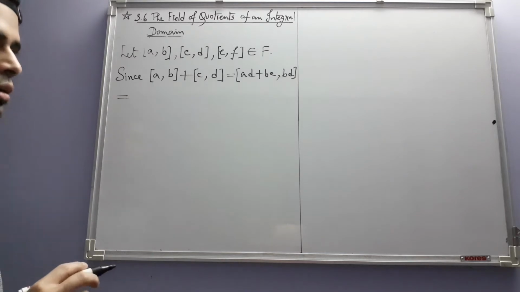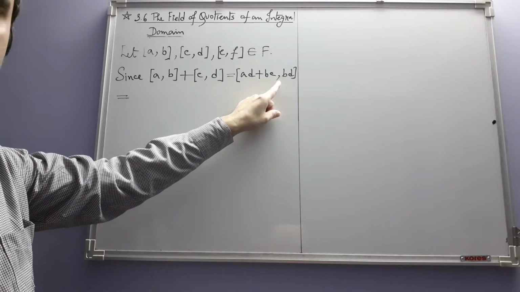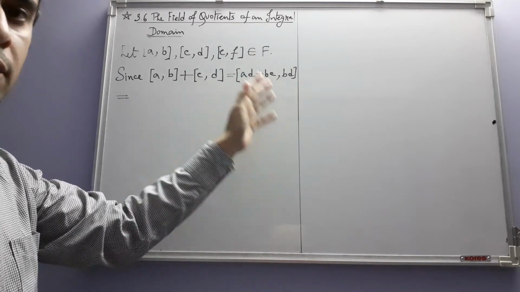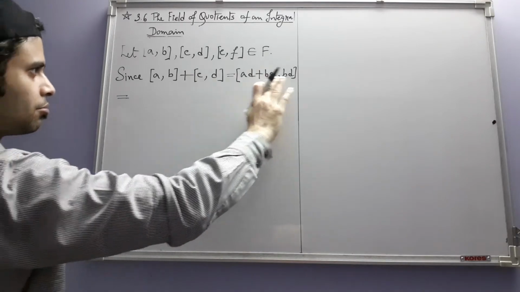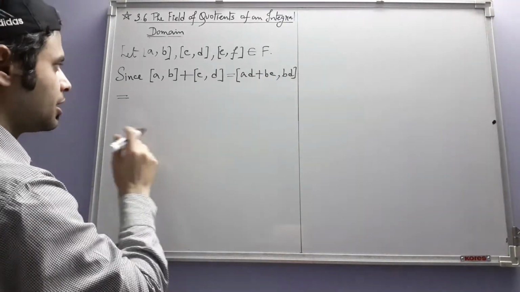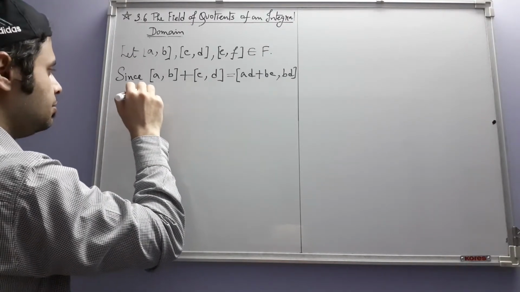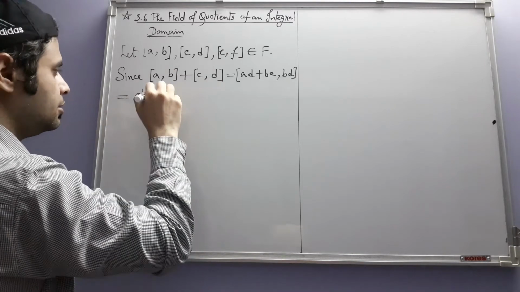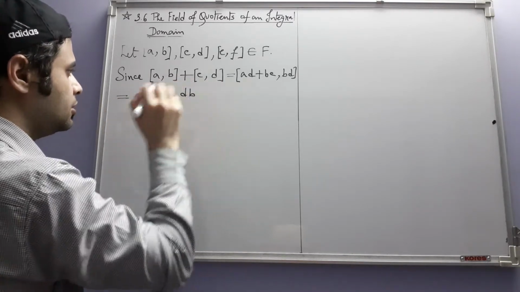Now keeping in mind that these elements a, b, c, d are coming from an integral domain, which is a commutative ring, we can write the parts slightly differently, like this: (cb plus da, db).